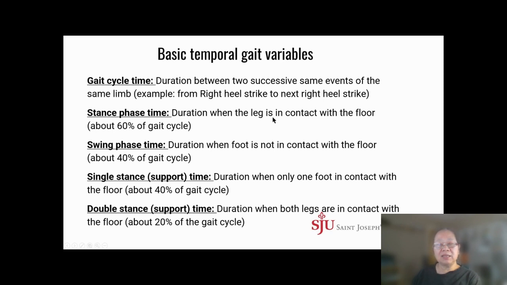When the leg is contacting the ground, it's called stance. When the leg is not contacting the ground, in the air, it's called swing. Stance is 60% of the gait cycle. Swing is 40% of the gait cycle. So stance and swing together are 100% of a gait cycle.